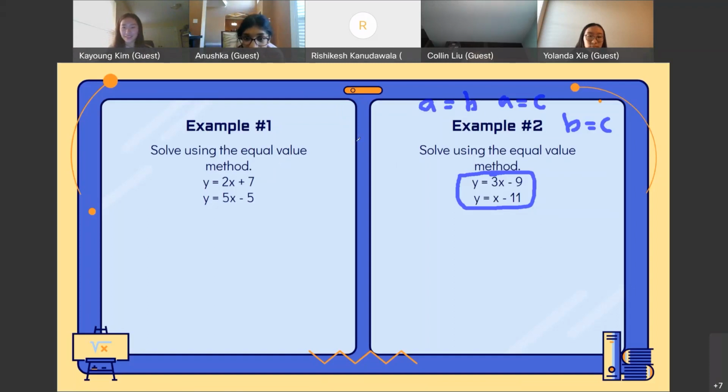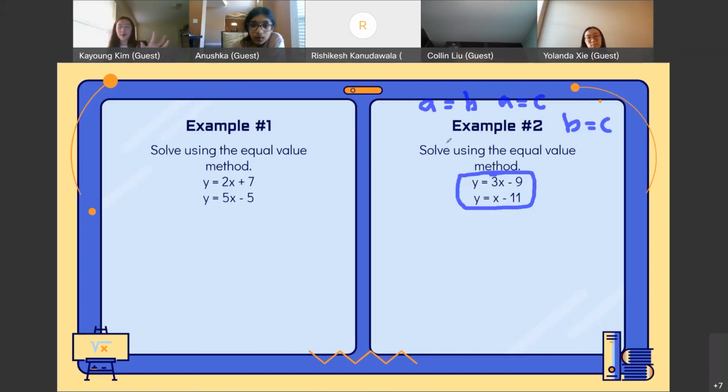Okay. So then if number A equals number B and number A equals number C, then does B equal C? Yes. Okay, so then let's apply it to the question.